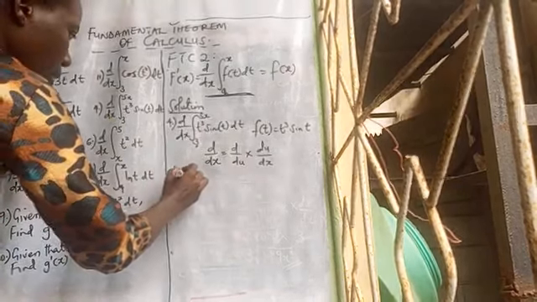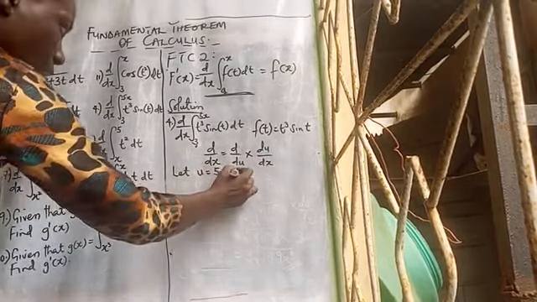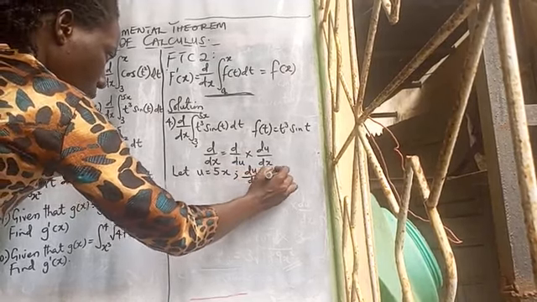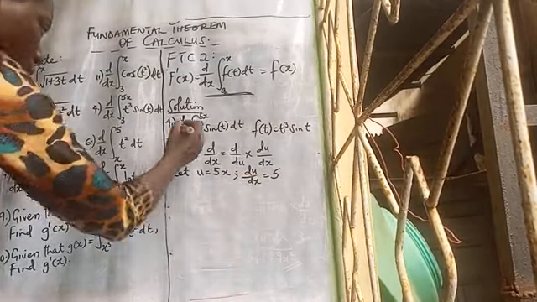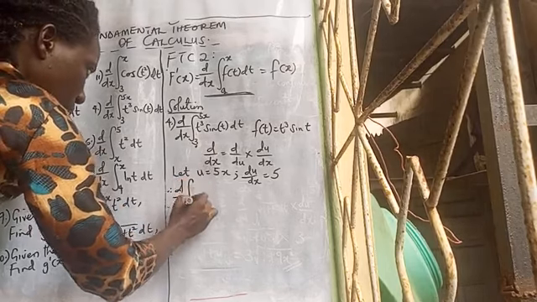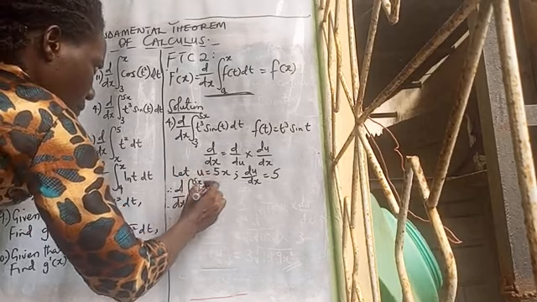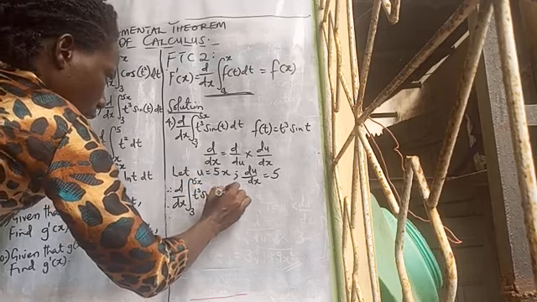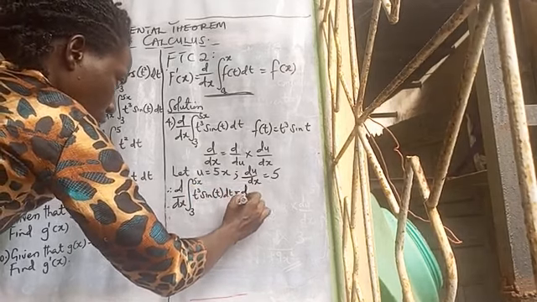Now let u equal 5x. If u is 5x, then du/dx is equal to 5. And if du/dx is equal to 5, therefore d/dx of the integral from 3 to 5x of t cubed sine t dt will be equal to d/du.